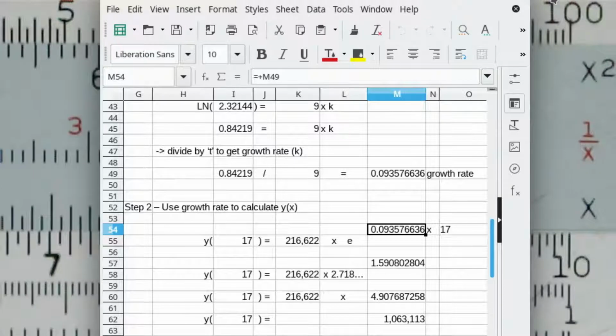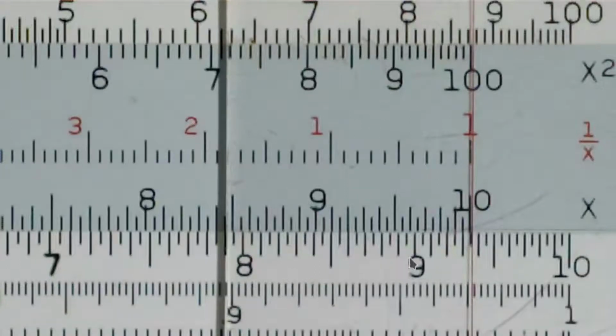So we're interested in period number 17. That's 1 week and 1 day, I think. Multiplying that, we should get around 1.5.